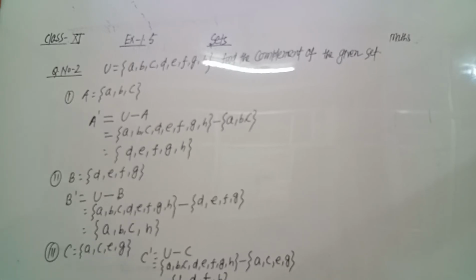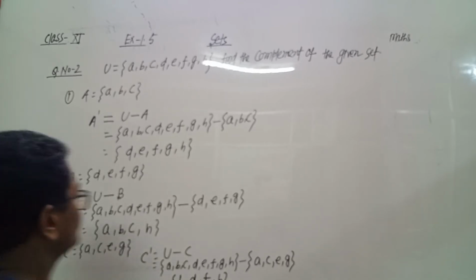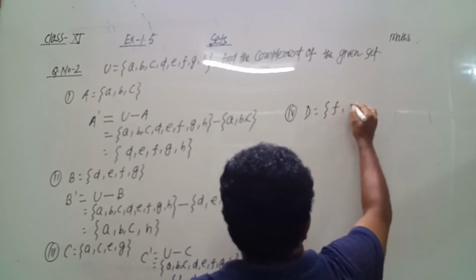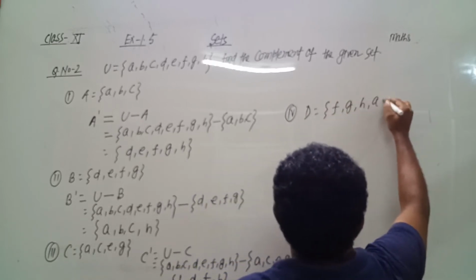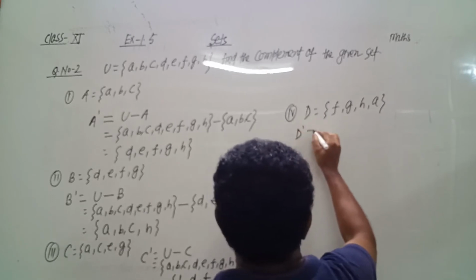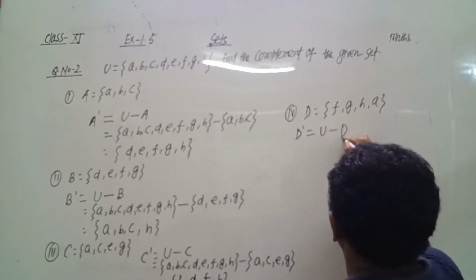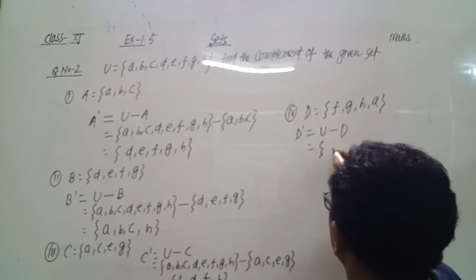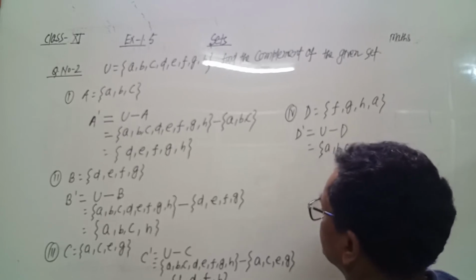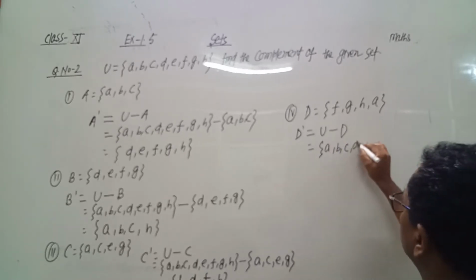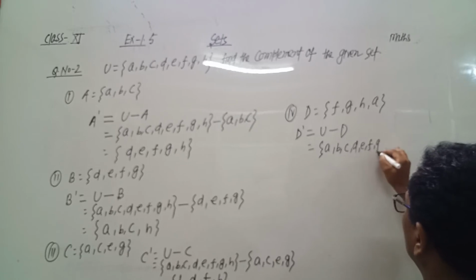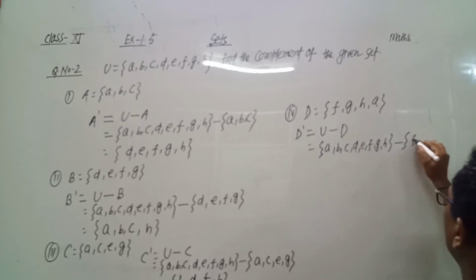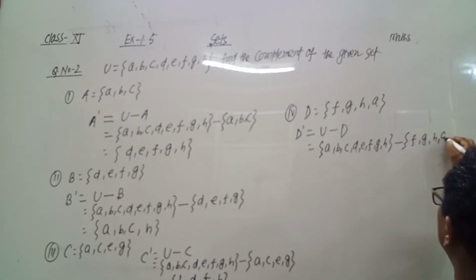Then D = {F, G, H, A}. We have to find the complement of D, meaning D dash equals U minus D, and U is {A, B, C, D, E, F, G, H} minus the value of D, {F, G, H, A}.